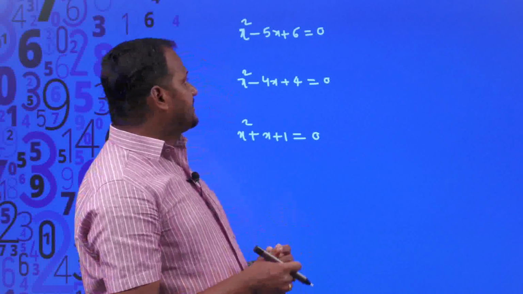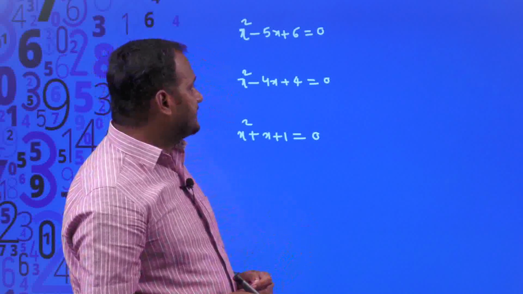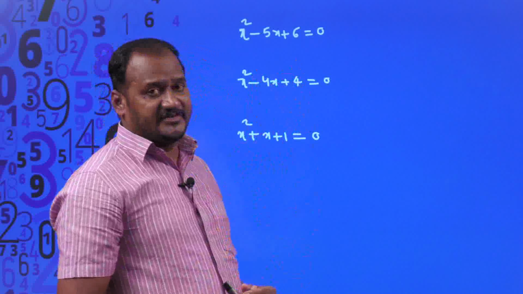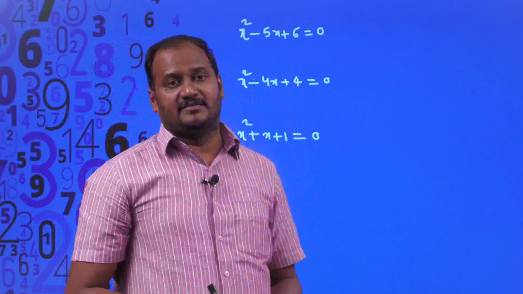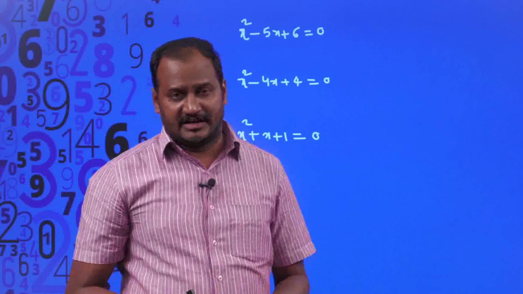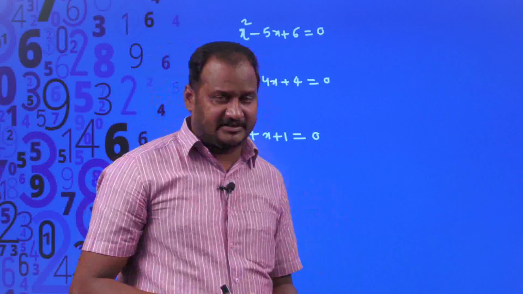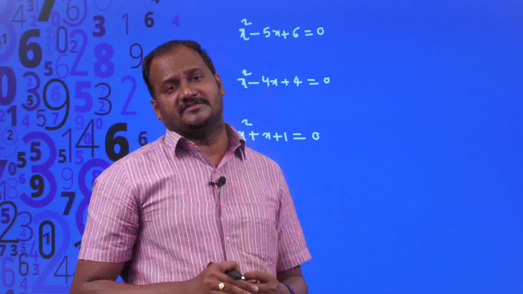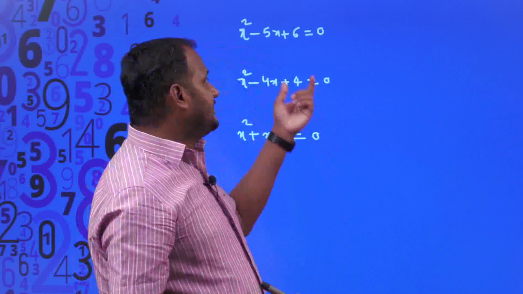What we are going to discuss now is that in these three given quadratic equations, either by using the splitting middle term method, or the quadratic formula, or the completing square method, or any of our algebraic methods, you can easily figure out the roots.